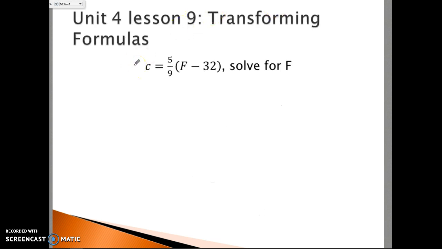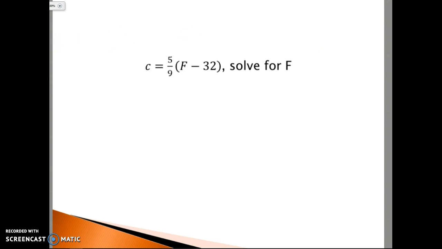And one last example. This one we need to solve for f. And you can ignore this part up here. It's for a different unit number, but it's the same thing. So in order to solve for f, again, this one we have to use our distributive property. So multiplying through that 5/9.